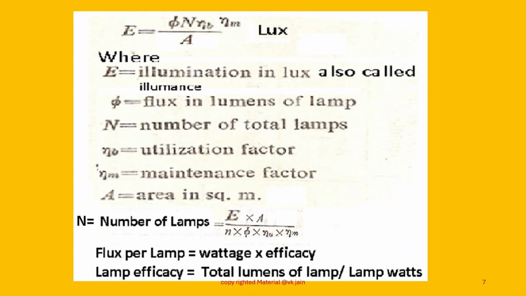Flux per lamp is wattage into efficiency. Lamp efficacy is total lumens of lamp divided by lamp wattage.